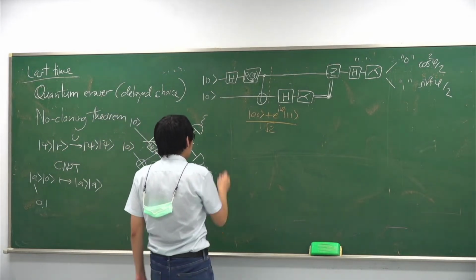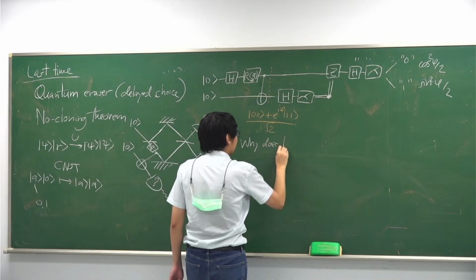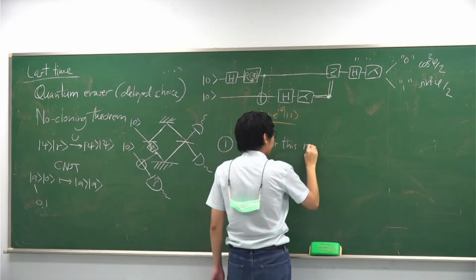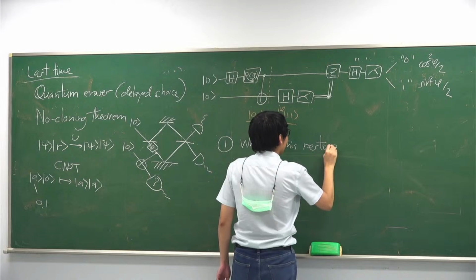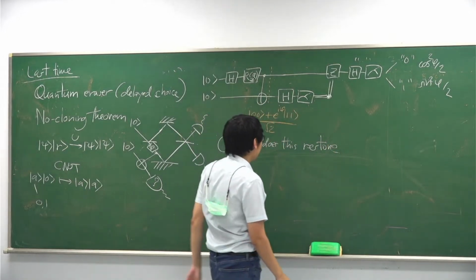Okay, so how does this work? Why does this setup, this measurement in the X basis, restore interference?